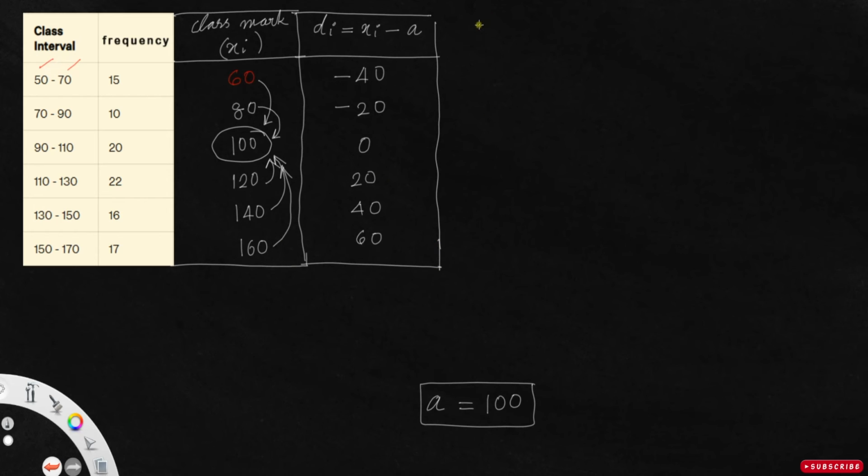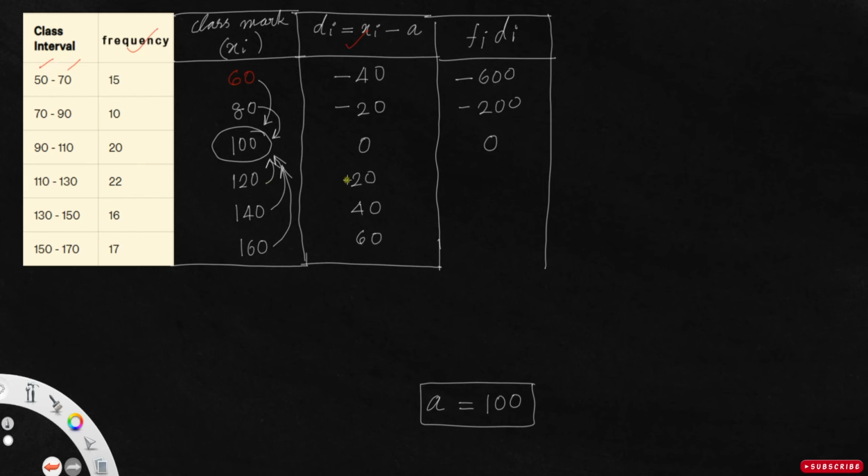Okay. Now the next table is the product of fi and di, that is the frequency and di. Now 15 into 40, here it will be minus 600, since this term is minus 40. 10 into minus 20 is minus 200. 20 into 0 is 0.